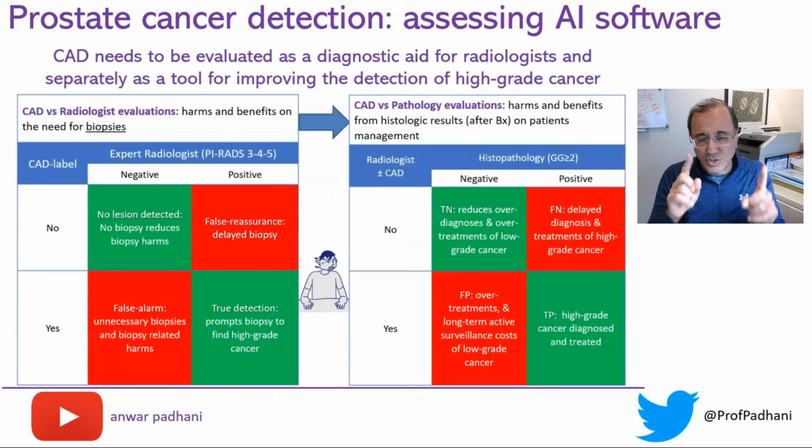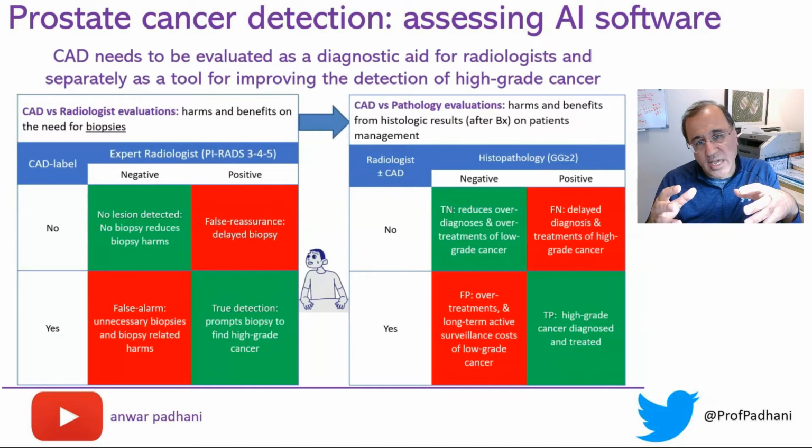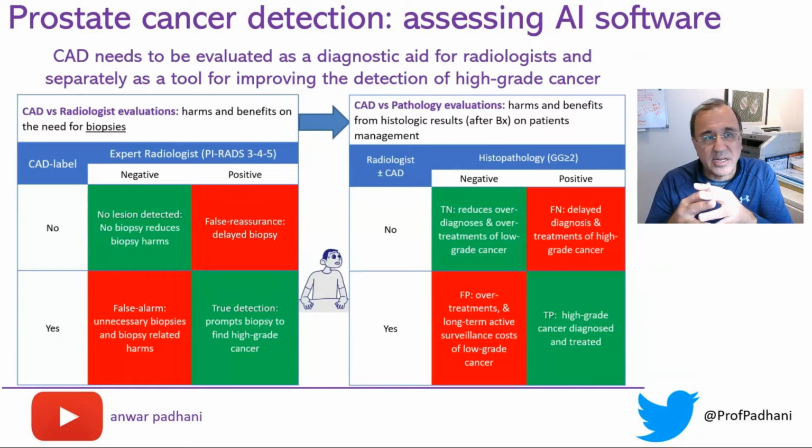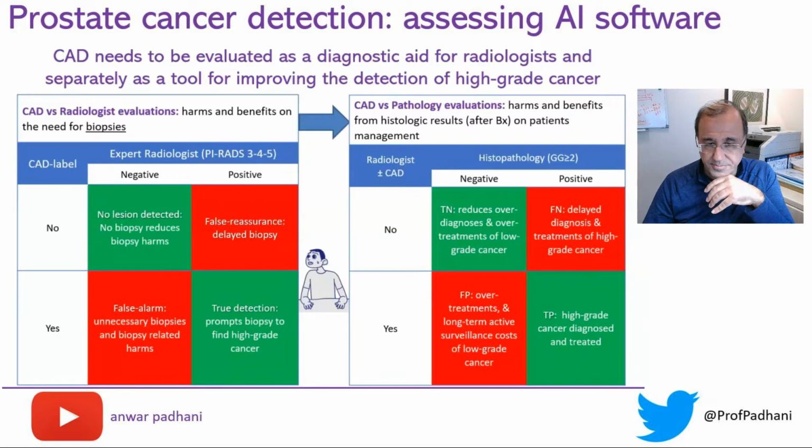So in fact there are two separate evaluations that need to be done, both as a diagnostic aid for radiologists, but separately as a tool for improving the detection of a higher grade cancer.